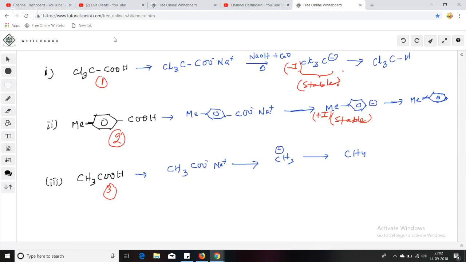So if the question is ease of decarboxylation, this is most easily decarboxylated, because this anion is most stable. Like this we can compare the order of decarboxylation of any carboxylic acid.